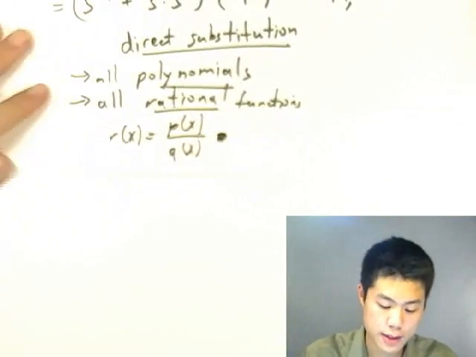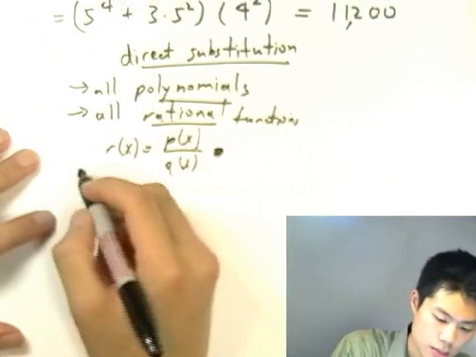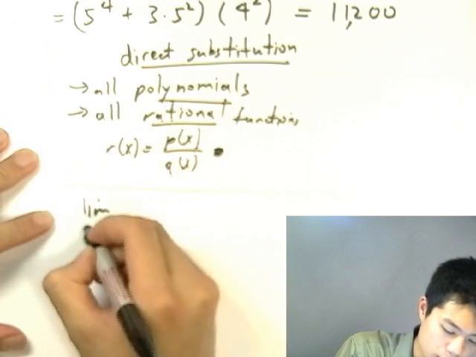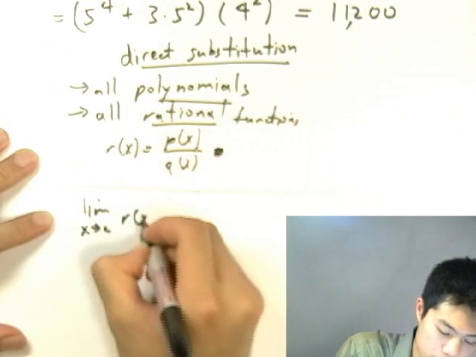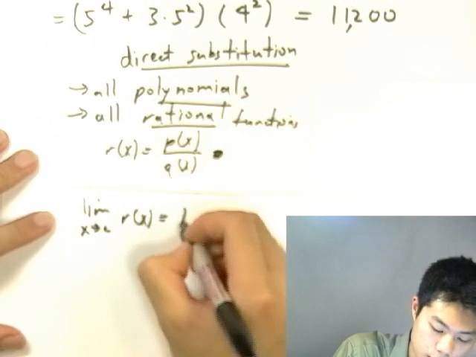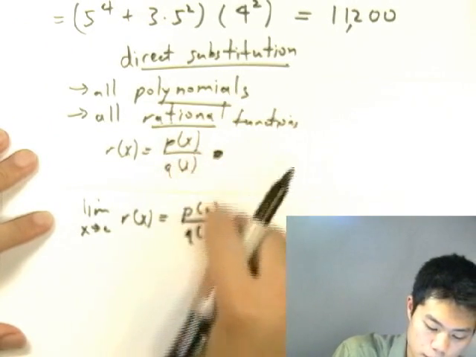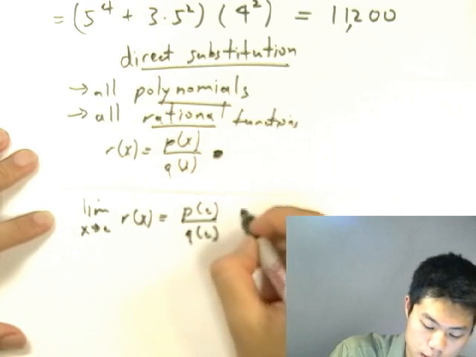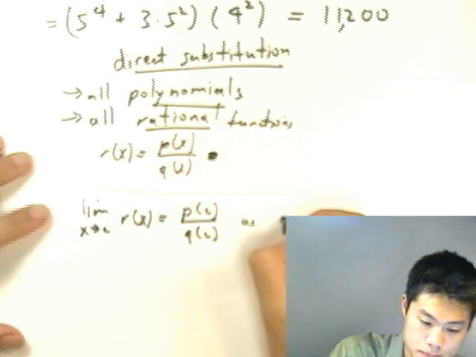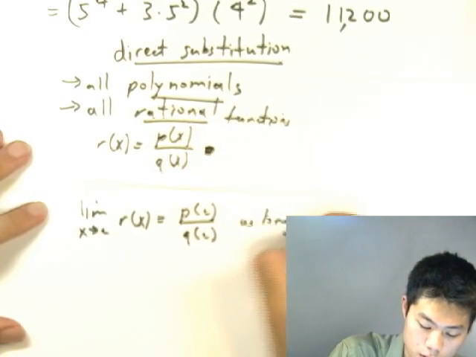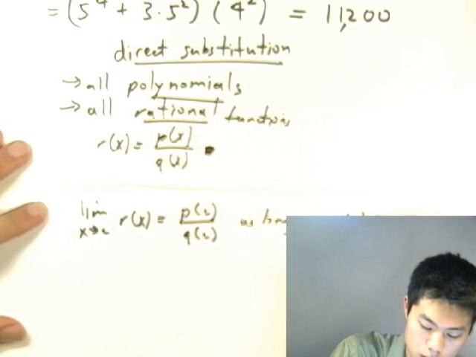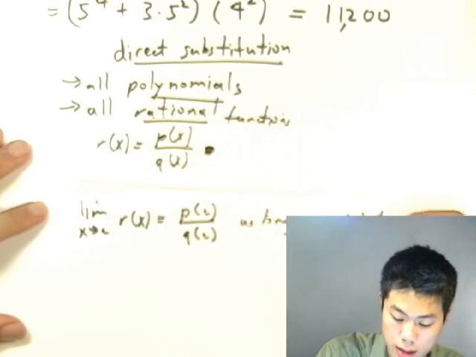Right, so if we have this thing here, a limit as x approaches c of this is just simply p of c over q of c, as long as q evaluated at c does not equal 0.